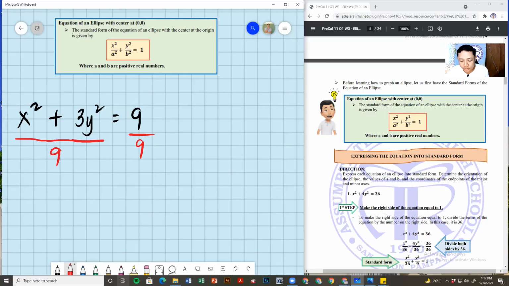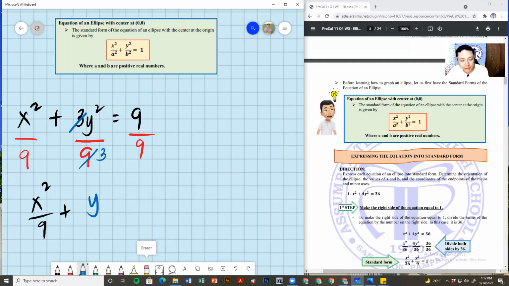Or to make it much clearer, we need to divide all the terms of the other side by 9 because we will be simplifying them later on. After that, we simply simplify this. So by simplifying, we will have x squared over 9 plus, 9 divided by 3, this becomes 3.